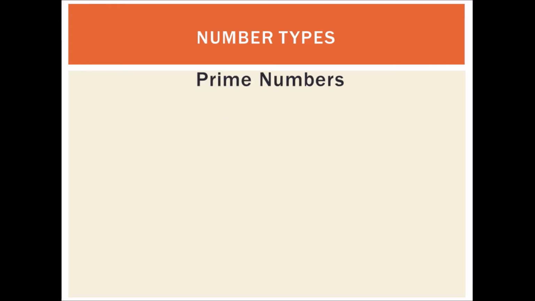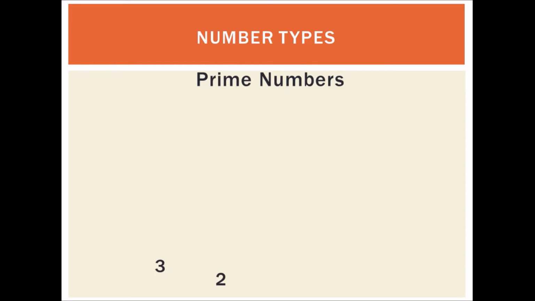The next number type is called prime numbers. Prime numbers have only two factors, the number 1 and the number itself. So for example, 2. 1 times 2 is 2. That's a prime number. 3. 1 times 3 is a prime number.